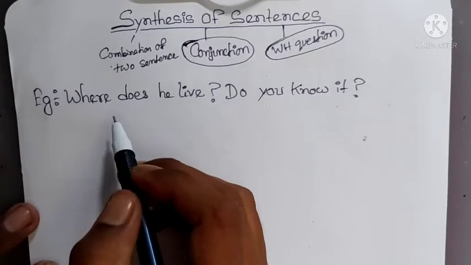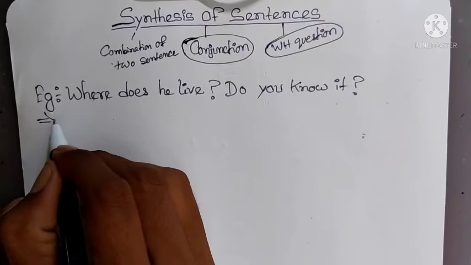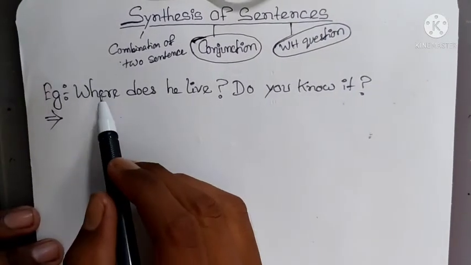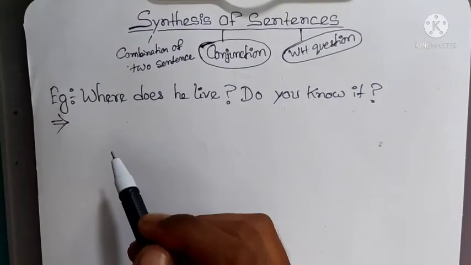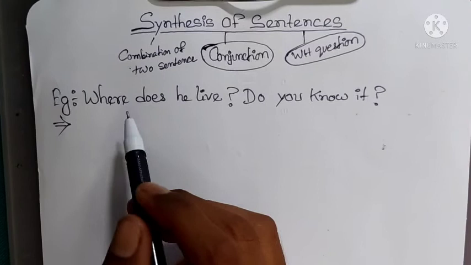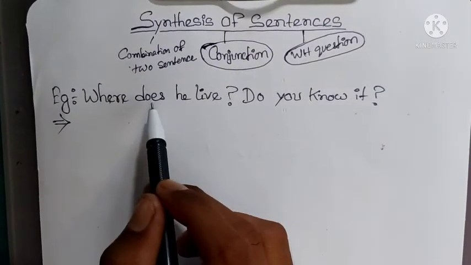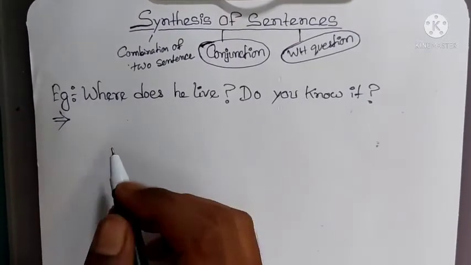So here in this sentence, how will we change this sentence? First of all, we should try to make this sentence assertive. So we should write the WH question in the last, and this sentence we should write in the first.